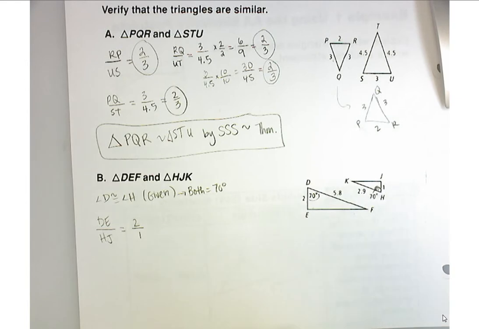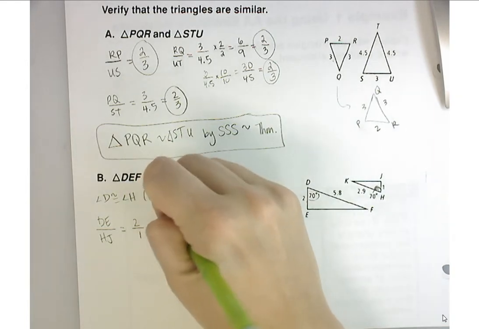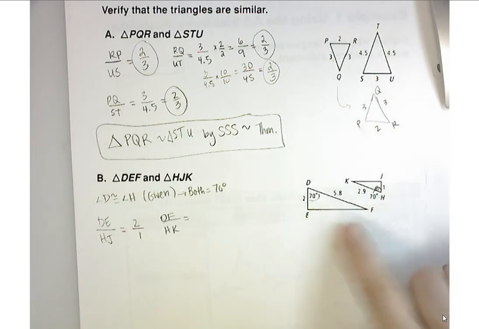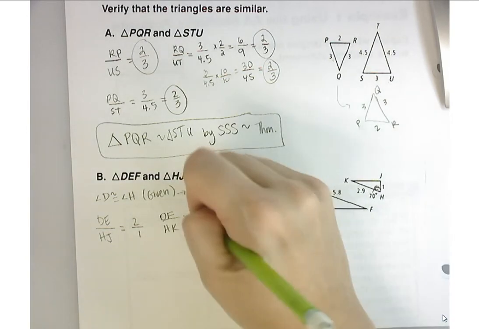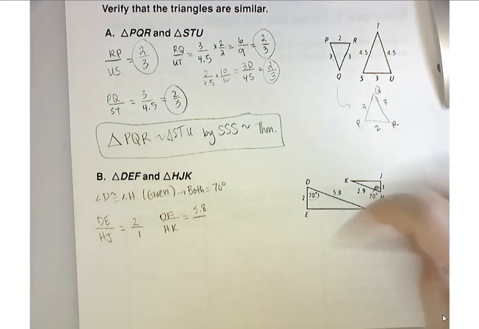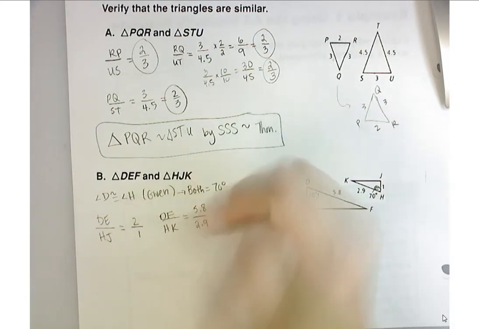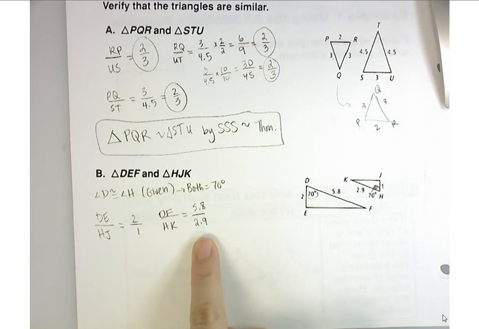And then I'm going to do the same thing with DF over HK. Okay, so DF is 5.8. HK is 2.9. What do I have to do from here? Multiply by 10 over 10. Okay, you have to multiply both by 10 over 10.